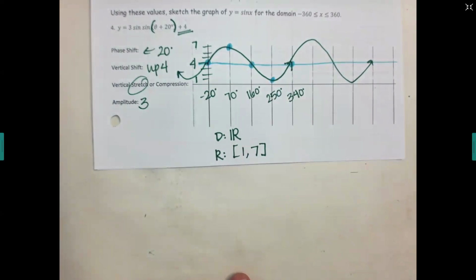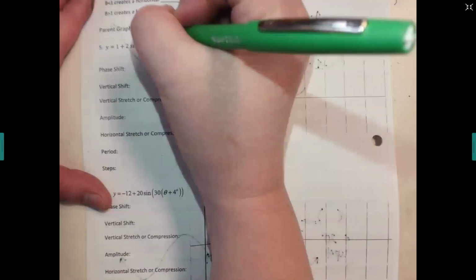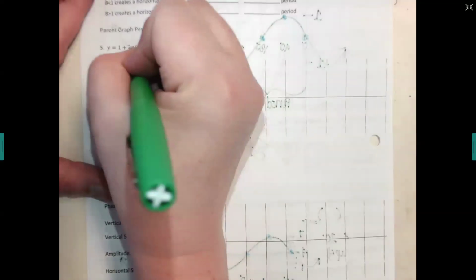All right, we'll do one more like that. Oh, okay, never mind. Look at number 5. Can you tell me what number is different that we haven't had in the past examples? The 10 is new. Okay, but everything else is the same. So for right now, let's just ignore the 10. Pretend it's not there. Okay, which way are we shifting? Left or right? It's a -5, so I'm really going to go to the right.